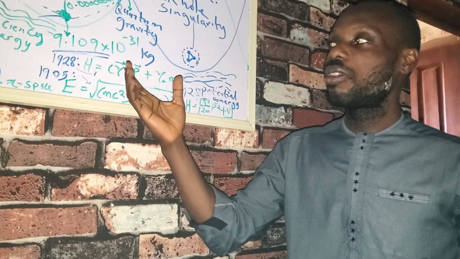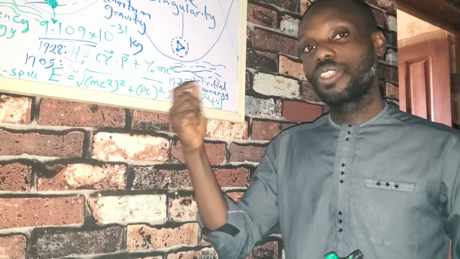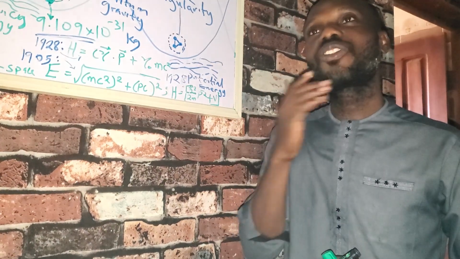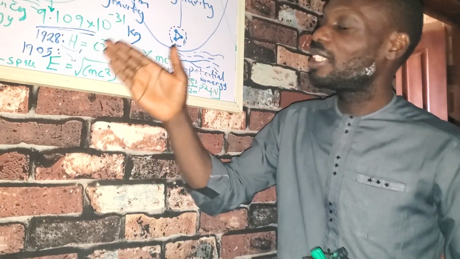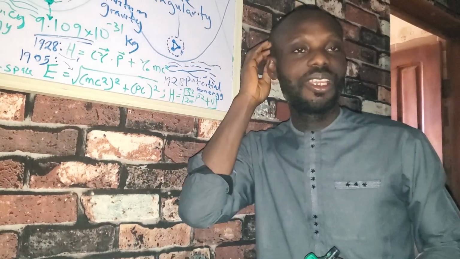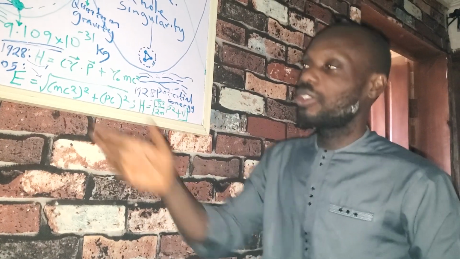Before the invention of this relativistic wave equation of Dirac, there is another relativistic wave equation that came on board. I think it was in 1926, by Klein, by Oskar Klein.